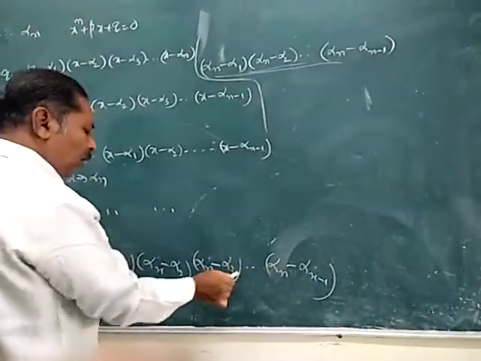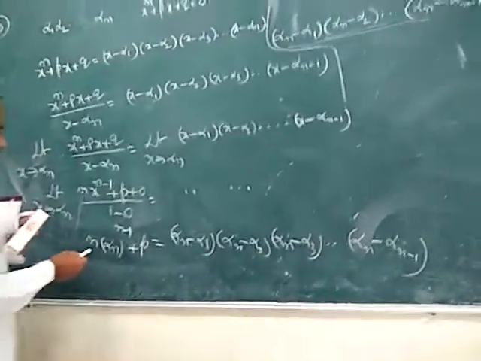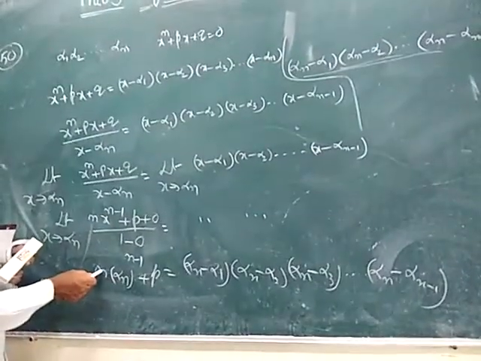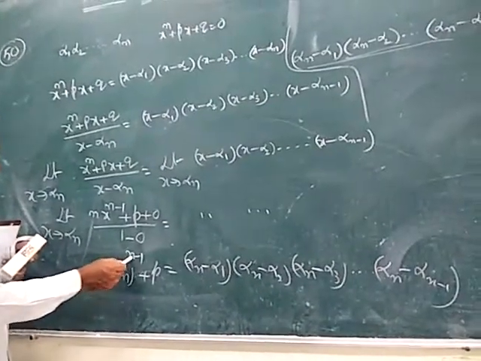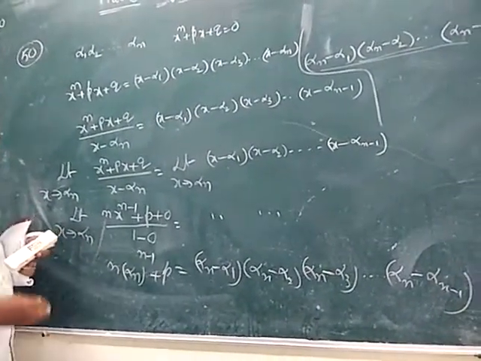So this is the given question. So the answer is n alpha n^(n minus 1) plus p.